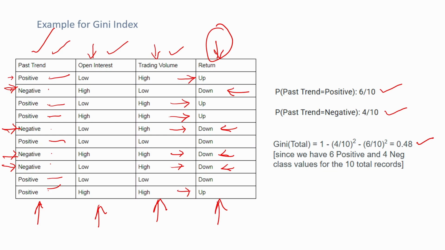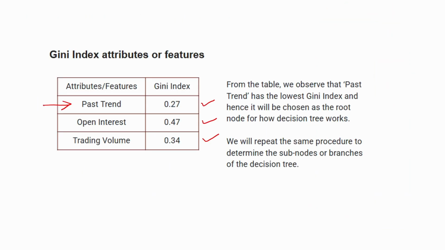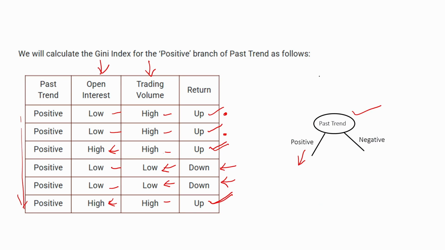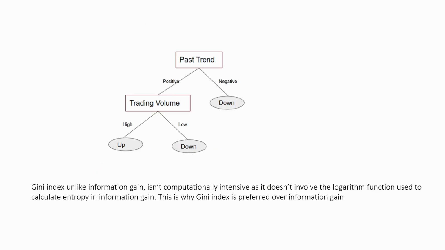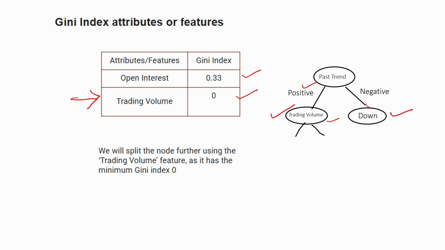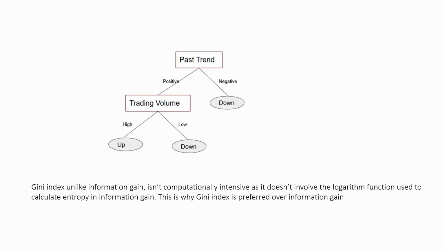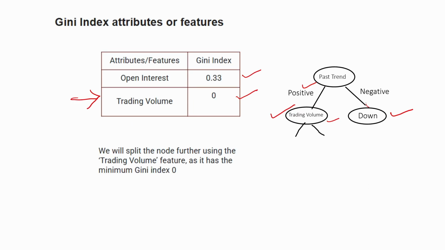We have high up and down there. So we'll be doing this again for past trend. Now you have to do it for trading volume high. So continuing like this, for trading volume high we are getting the return as up, and for trading volume low, we are getting down. So this is how we will be using it.